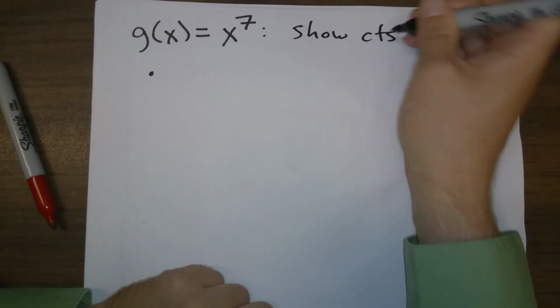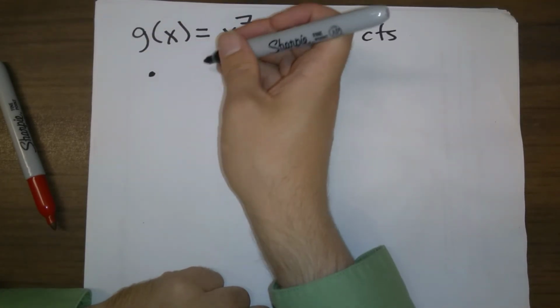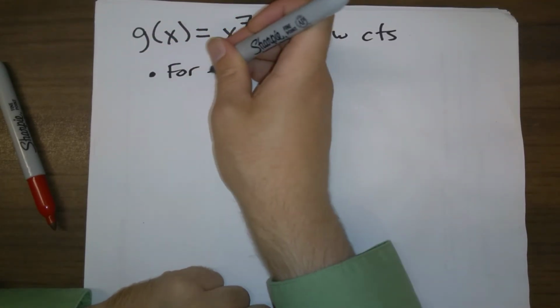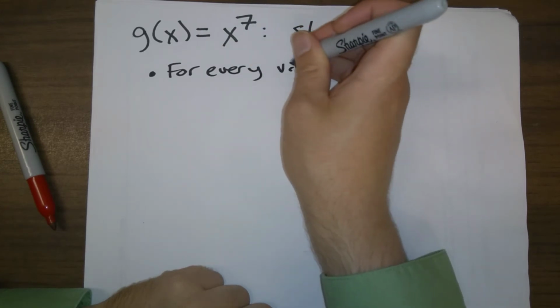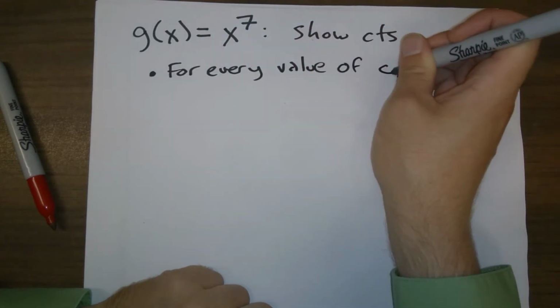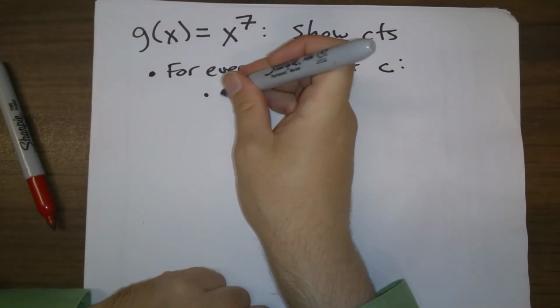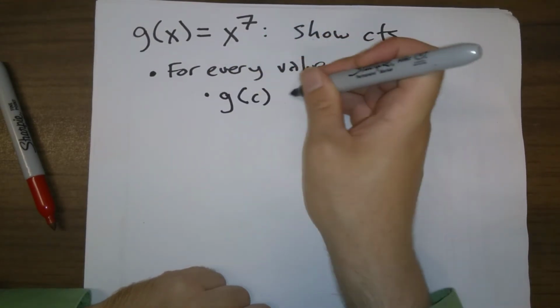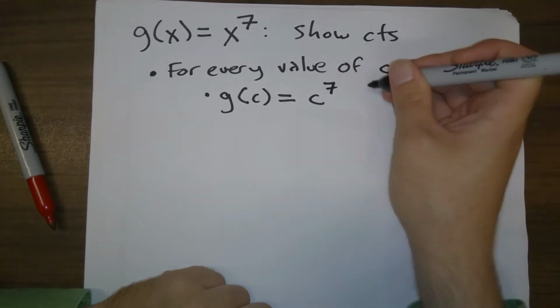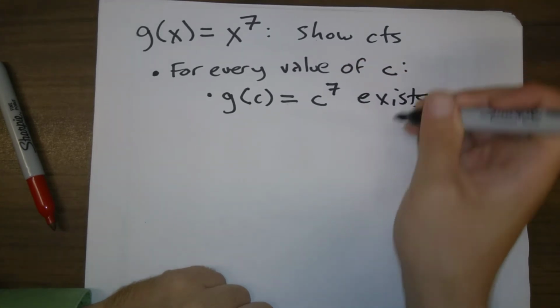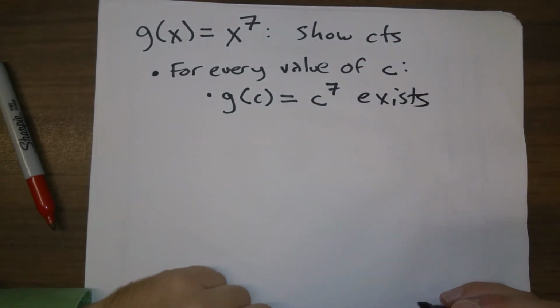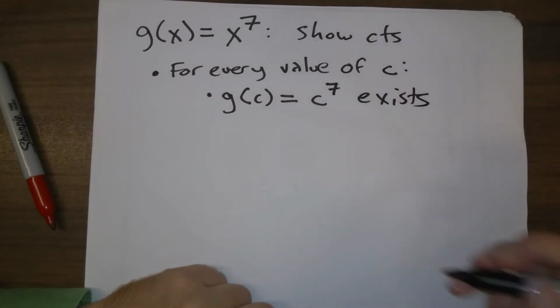For every value of c, we have to check three things. The first is that g of c, well, that's just equal to c to the 7th. This exists. So the function is defined everywhere for every real value of x.